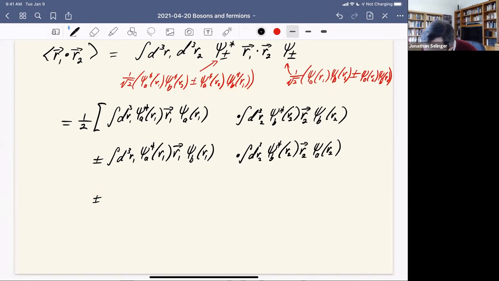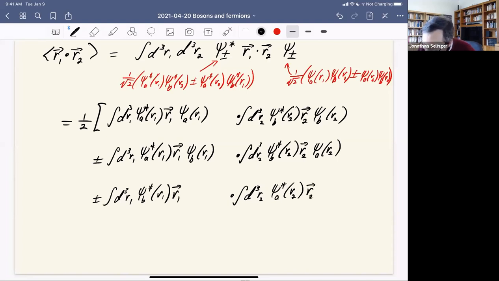Integral over R1, integral over R2, we have psi A star of R2, psi B star of R1, then R1 dot R2, then psi A of R1, psi B of R2.